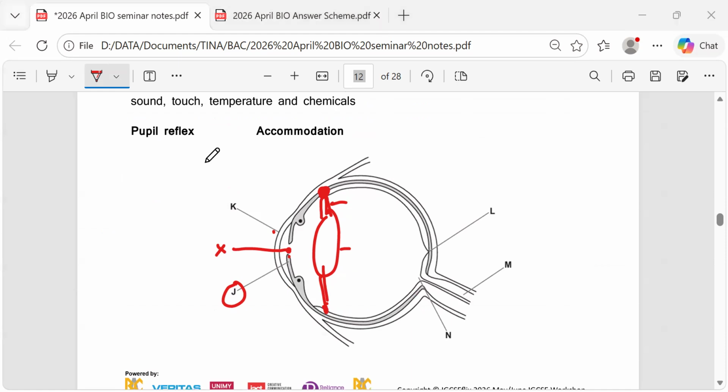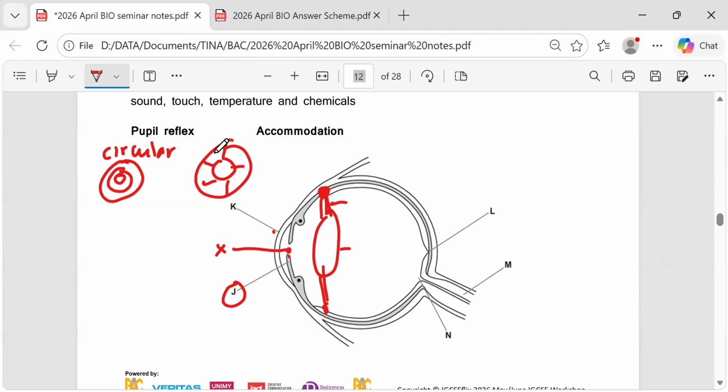Okay, let's do one by one. For the pupil reflex, there is the radial muscle and the circular muscle. This is the pupil. There is circular, and there is radial. Radial is like that. We think of one at a time.